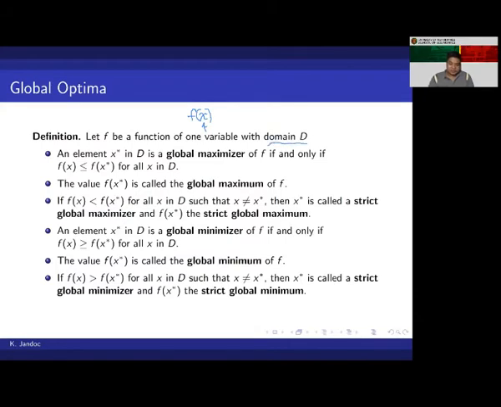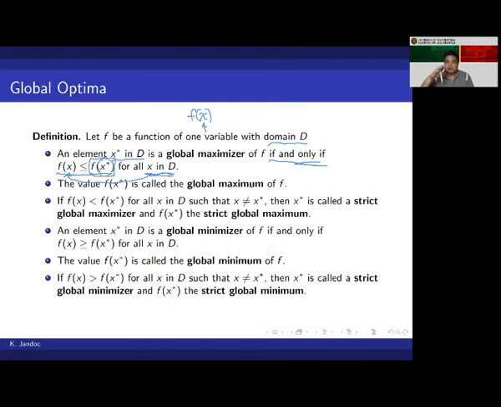Okay? So an element x star in the domain is a global maximizer of the function f if and only if this thing happens. So when you plug in x star to f, you will have a value, f of x star. For all other x's in the domain D, when you plug in any other x in the function, this will never be higher than when you plug in that particular x star.